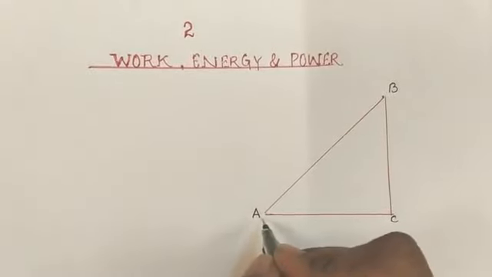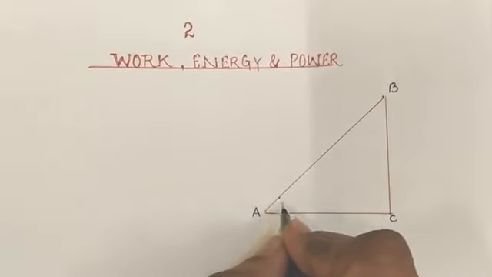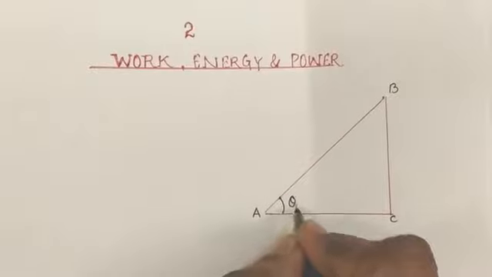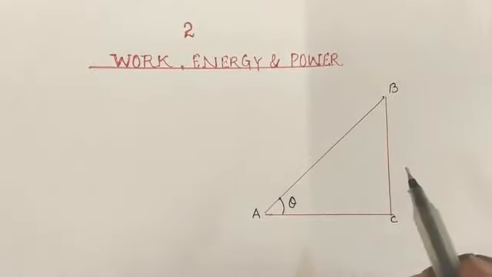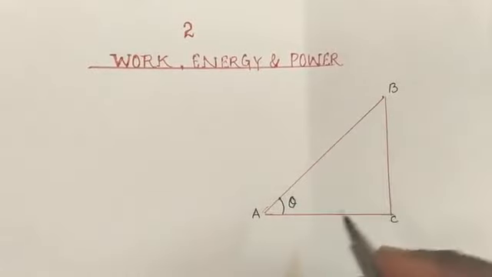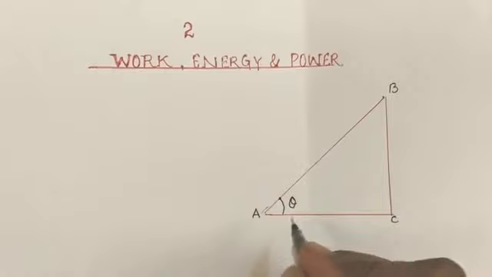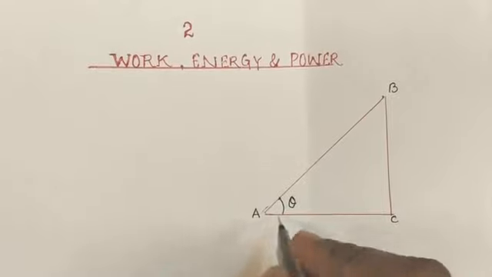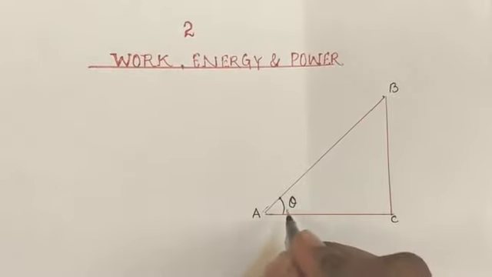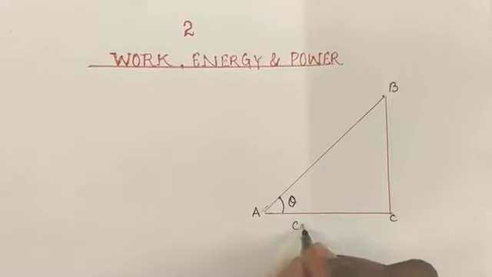Let us suppose that this inclined plane AB makes an angle theta with the base AC. The side which is attached to the angle theta is said to be the horizontal side, and it is given by cos theta.